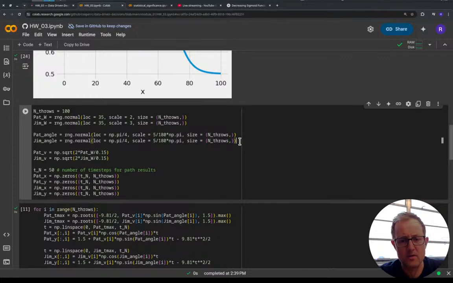We'll keep the angles about the same. If Pat has better form, then maybe form is related to that angle, but that's up to you. For now, I just want to process how tired I am for all of this.